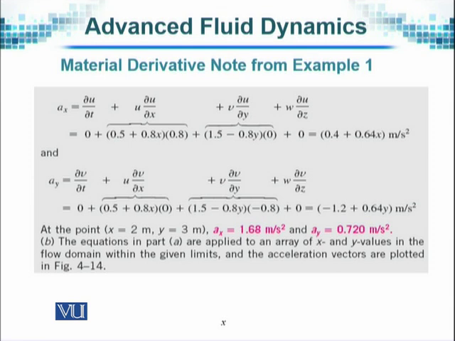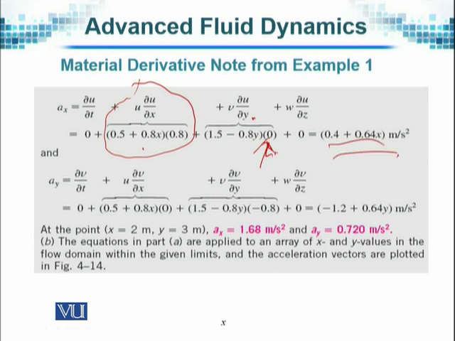Similarly for v times du by dy: there is no y in u, only x, and therefore the derivative of u with respect to y is 0, and that reduces this term to 0. The only non-zero contribution in this component is coming from here.